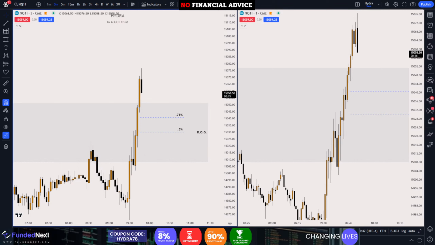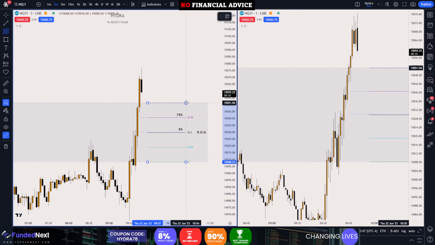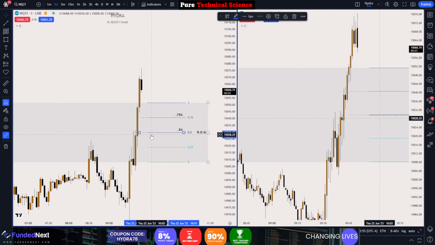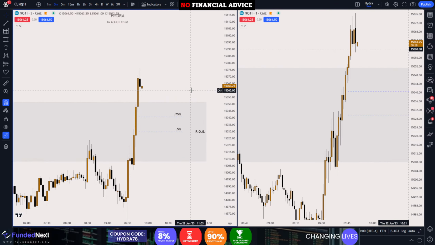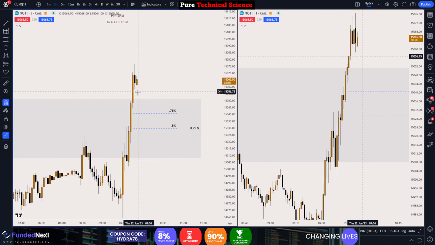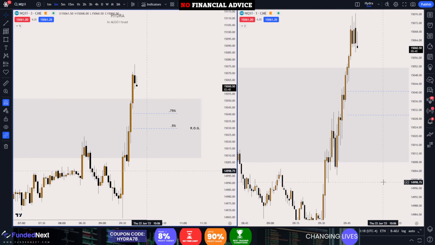Let me check again if my levels are correct, because when I'm using quadrant levels like this, the precision matters. Okay, we'll see price just tapping into a quadrant level and then reversing. So I like to see these placed correctly. So any retracement, folks, inside this regular trading hour gap, I would like to see price getting support towards the buy side liquidity from this regular trading hour gap.